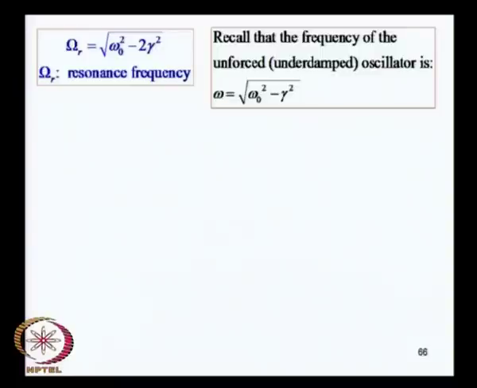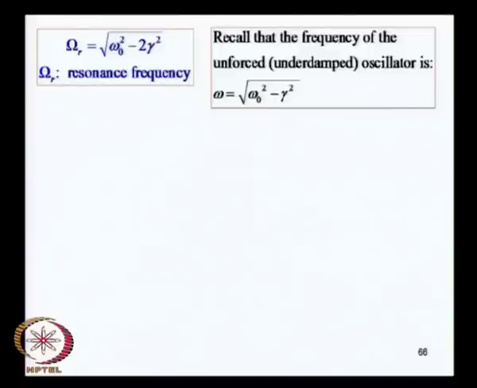It crosses the equilibrium periodically at a specific time interval, and that time interval is governed by a frequency, and 2 pi times that frequency is the circular frequency, which is omega, which is slightly less than the intrinsic natural frequency, and the difference is controlled by the damping coefficient gamma.